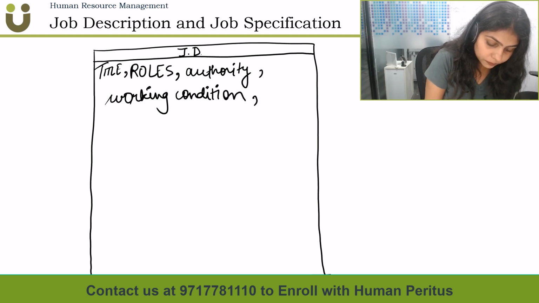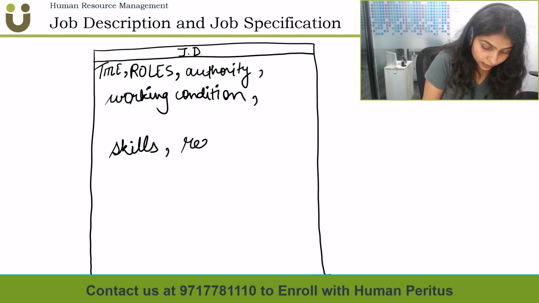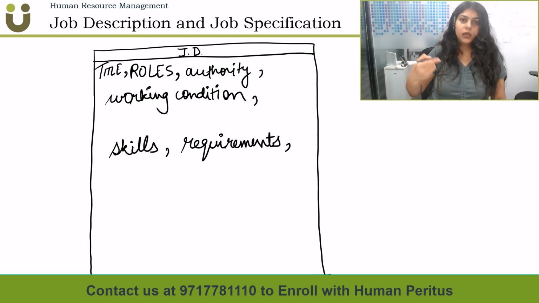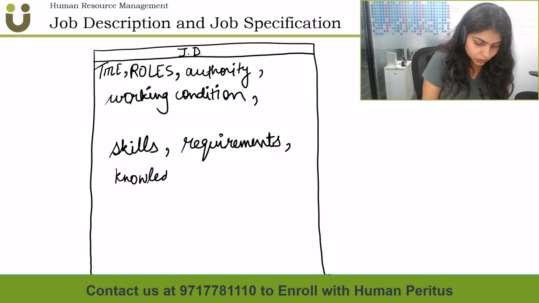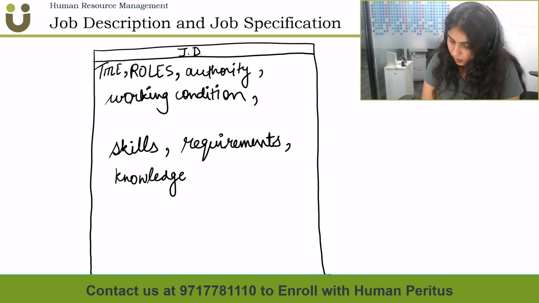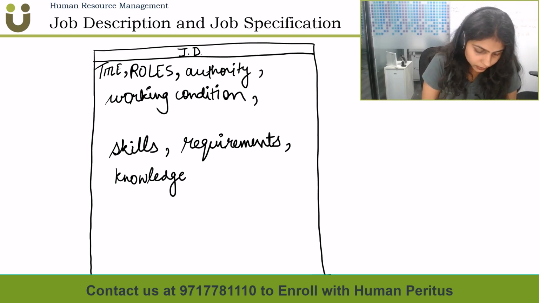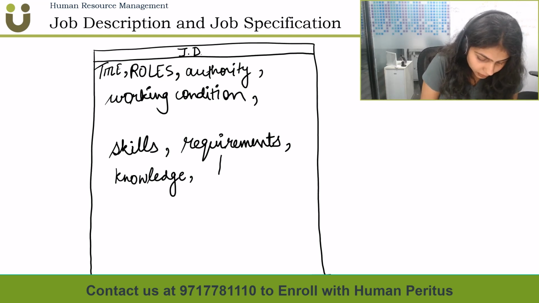What else? Skills, other requirements that are expected of this employee. What else? Knowledge that they have to possess. What else can be a part of these requirements, by the way?